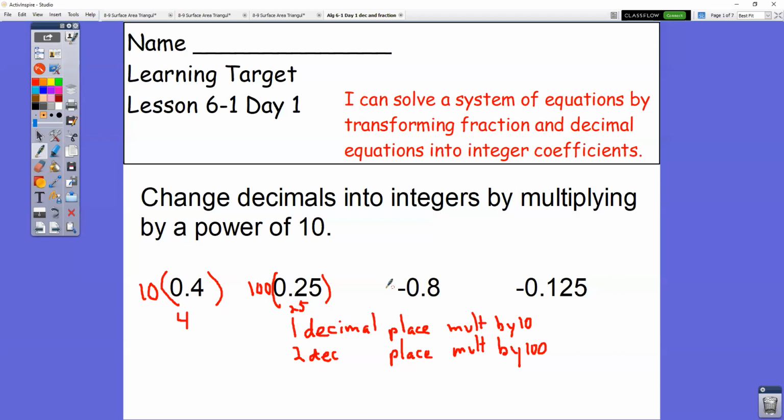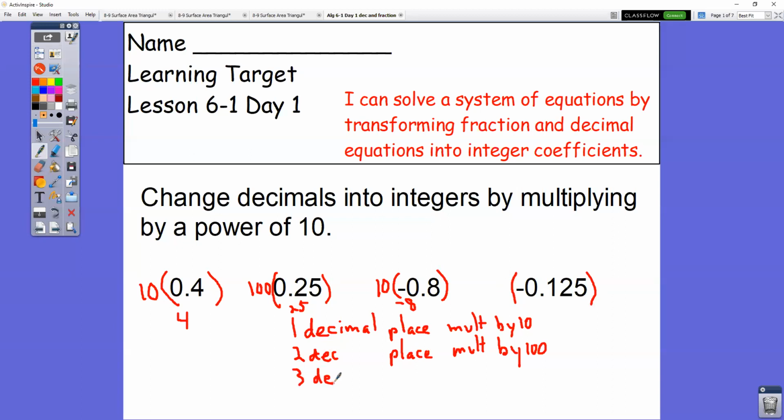Negative numbers work the same way. All you're doing is looking at the number of decimal places. If it has one decimal place like this one is, we'd multiply by 10, and you would end up with -8. -8 is easier to work with than -0.8. In this third one, we have 3 decimal places.